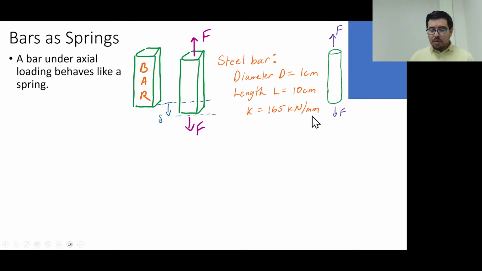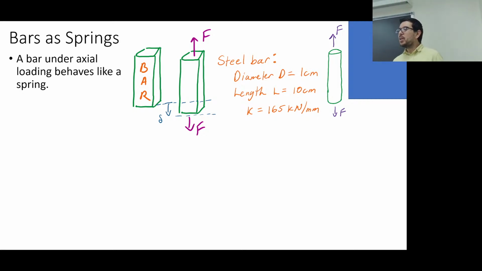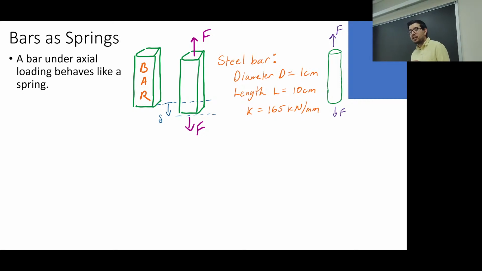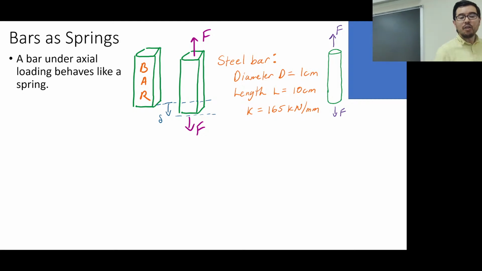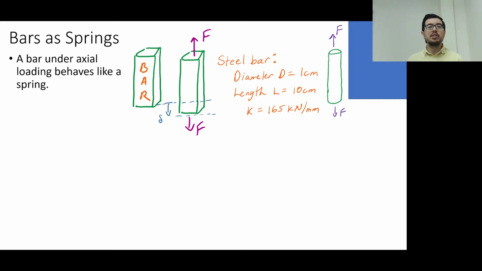So if I get a millimeter displacement, I get 165 kilonewtons of force. That's a lot of force. So the simple bar that you might find lying around that's only a centimeter in diameter and has a tenth of a meter in length is not going to want to deflect much, relative to your rubber band, for example.